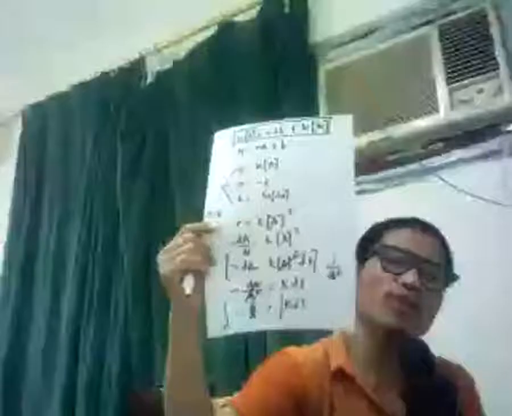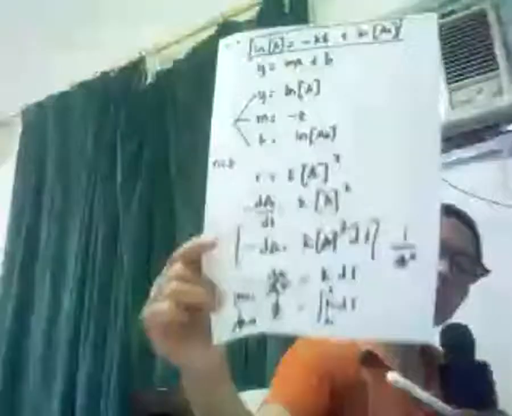We can see that 1 over A comes out, so dA over A can be written as 1 over A dA. So our limits are A0 to A at time t, and for the kt, the same story, t0 to t.